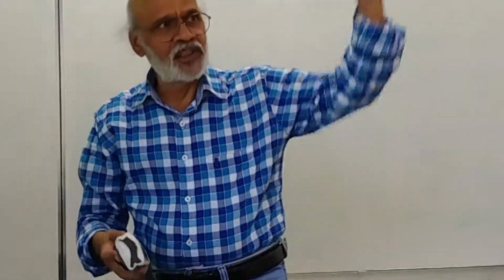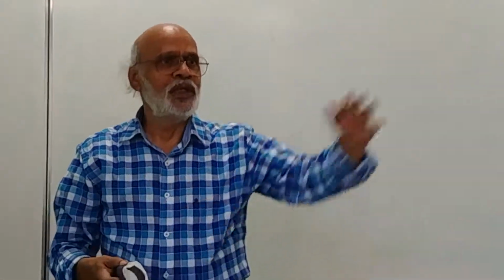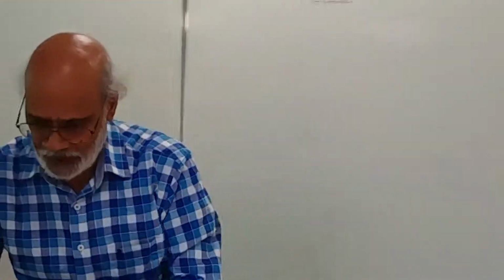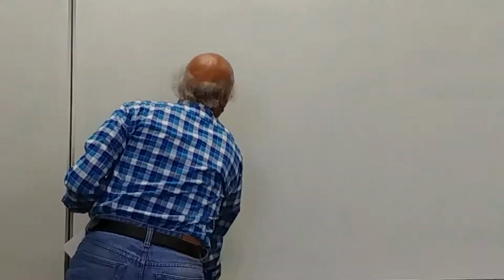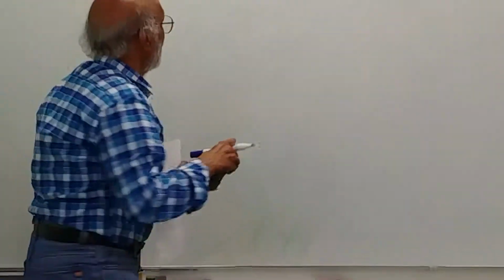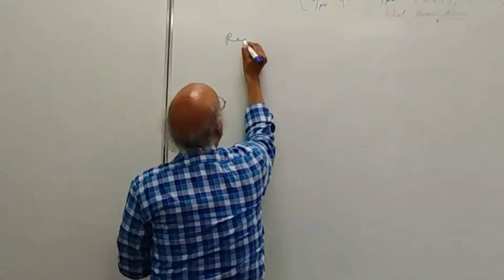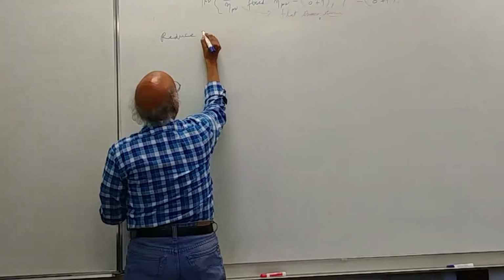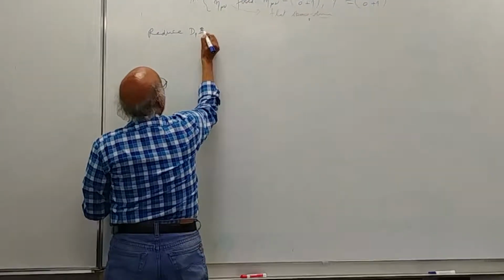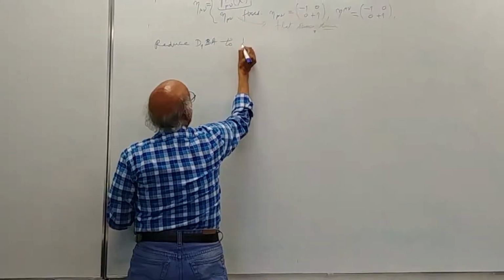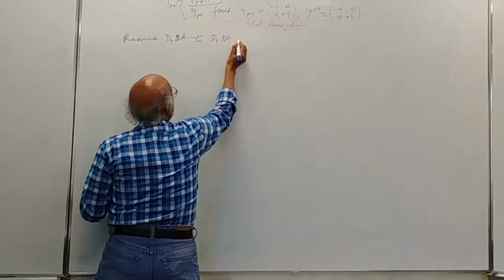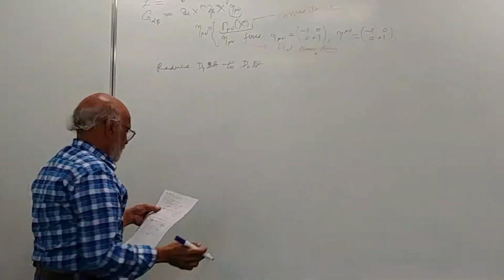So you can get it this way or you can go this way. Just going stairs up and down. Okay. So we would like to reduce the D1 brane action to the D0 brane action. Let us see what we get.